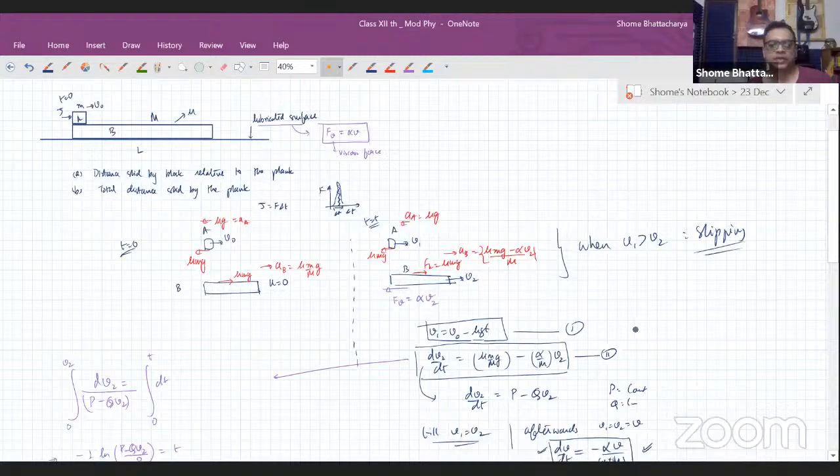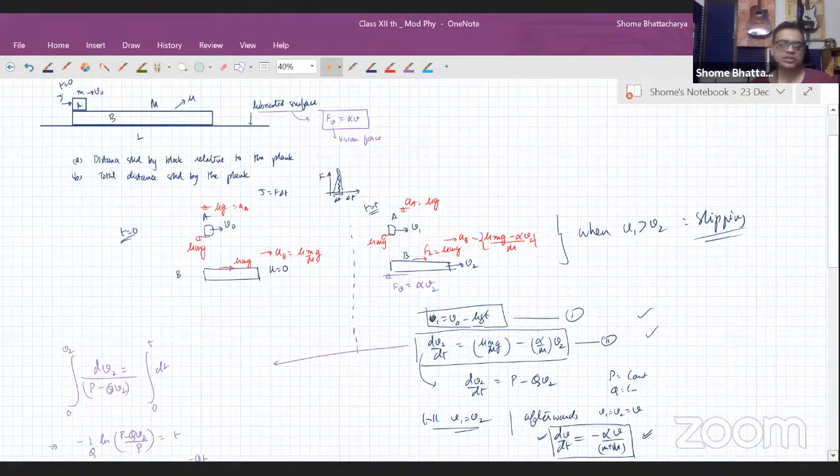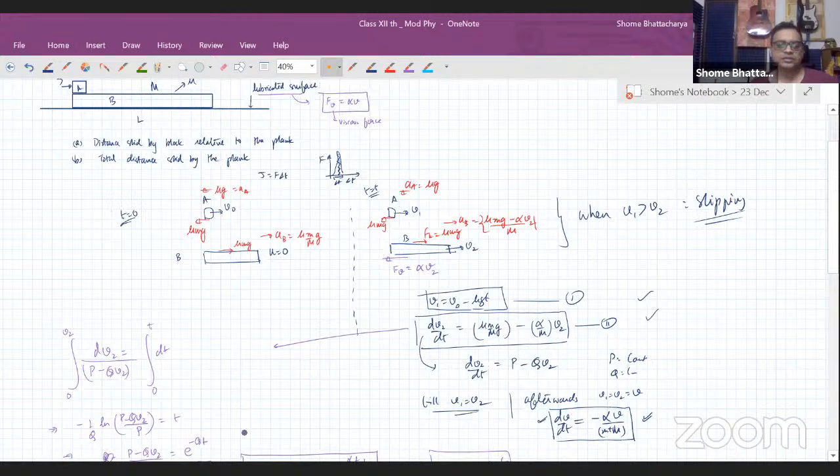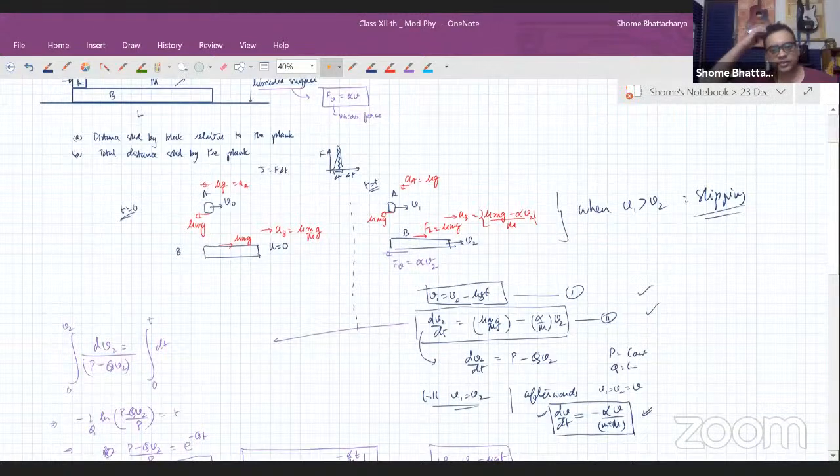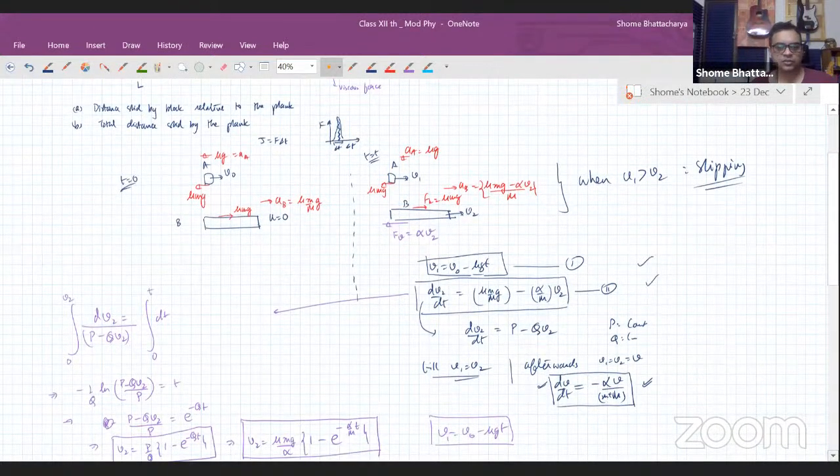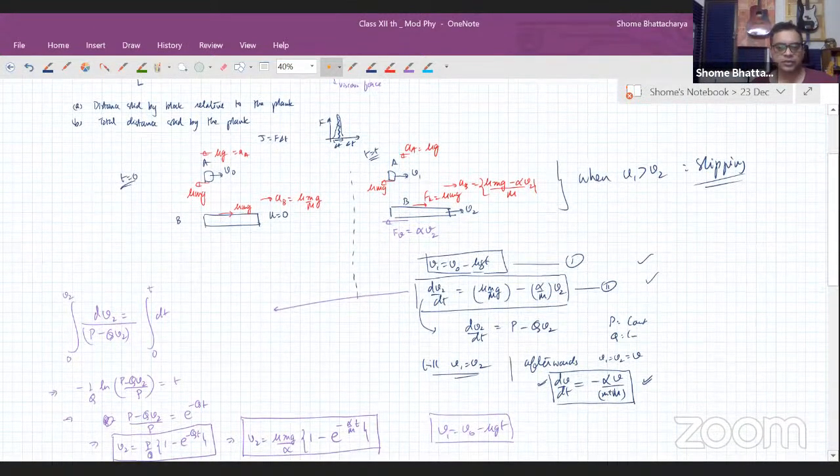From that we are getting V1 as a function of time like this, and V2 as a differential equation in time like this. This differential equation had to be solved. You can see that the rate of change is a linear function, so you'll obviously get an exponential relationship, like the charging or discharging of a capacitor.